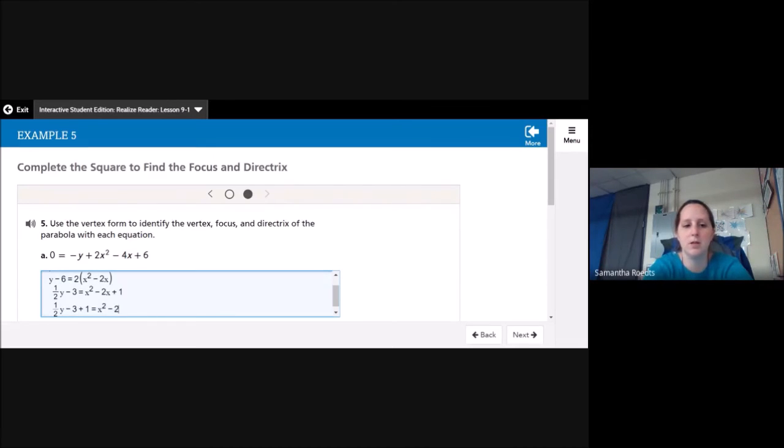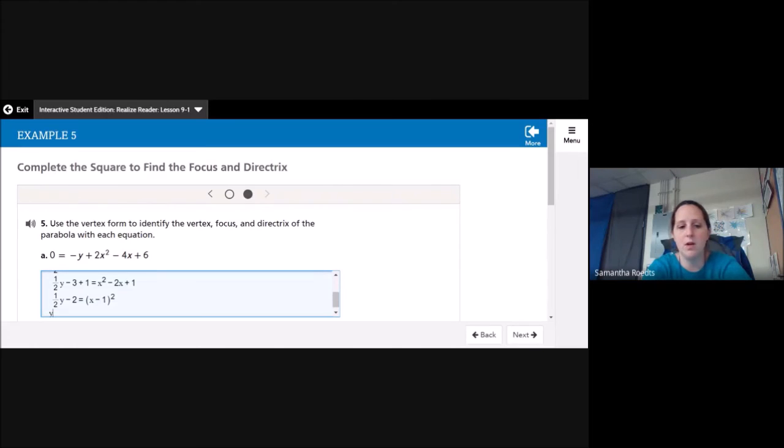x squared minus 2x plus 1. So that is 1/2 y minus 2 equals (x minus 1) squared. Solve for y.